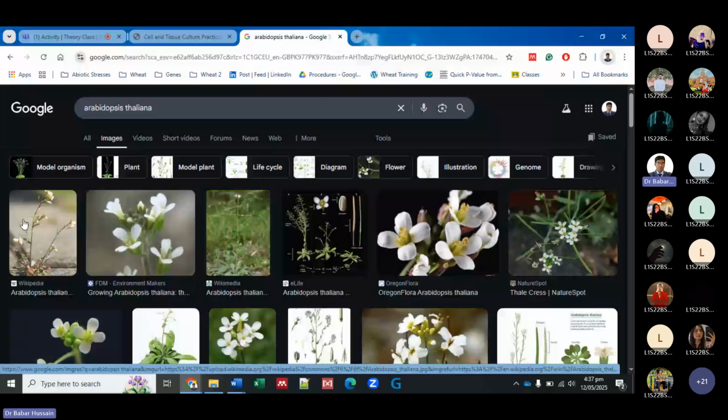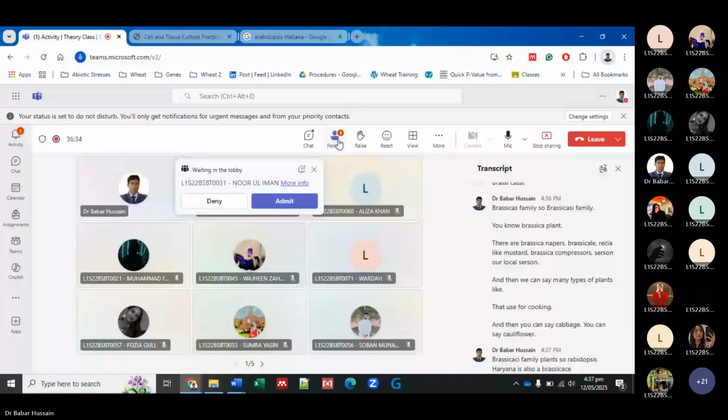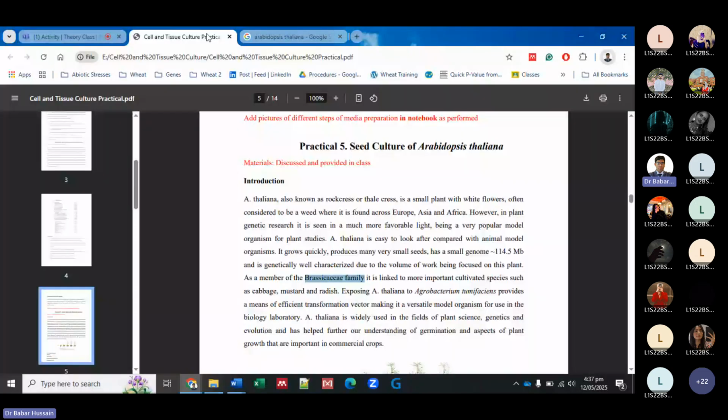Brassicaceae family plants. So Arabidopsis thaliana is also a Brassicaceae family plant. Is a model plant. Why it is a model plant?